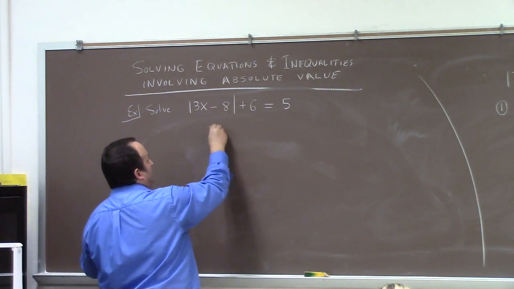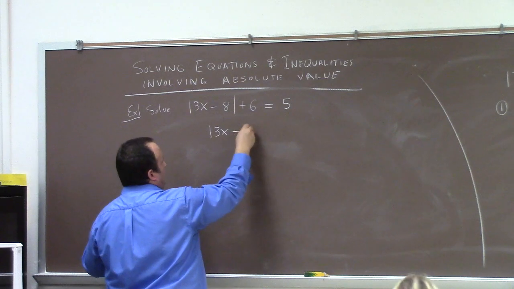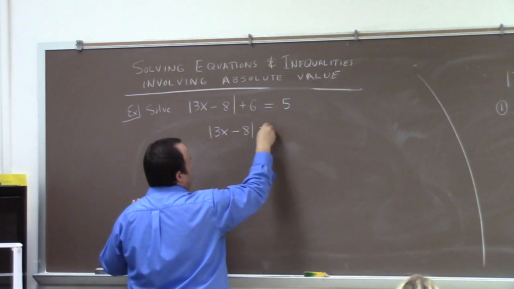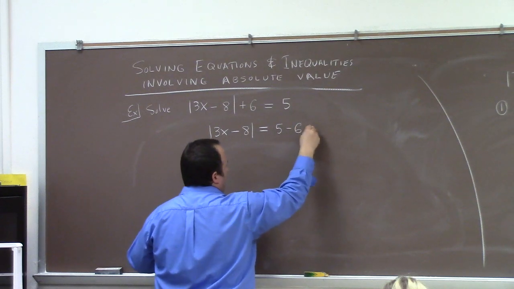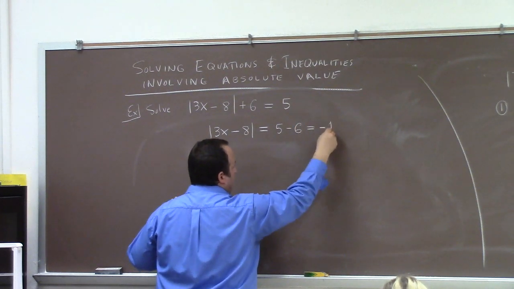So the absolute value of 3x minus 8 equals what? 5 minus 6, otherwise known as minus 1.